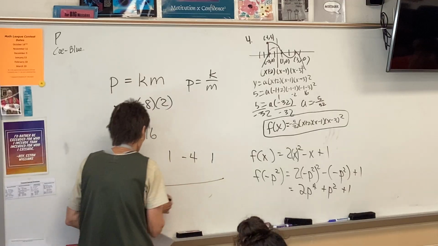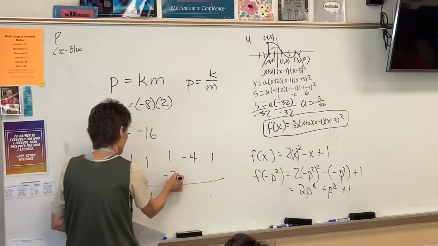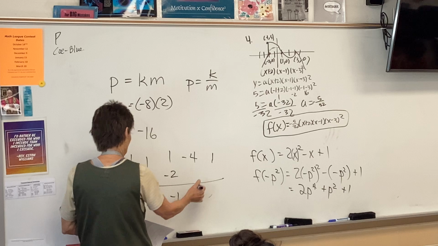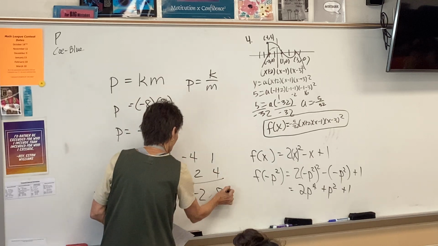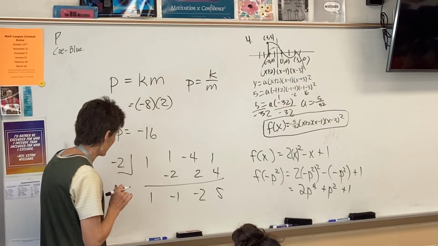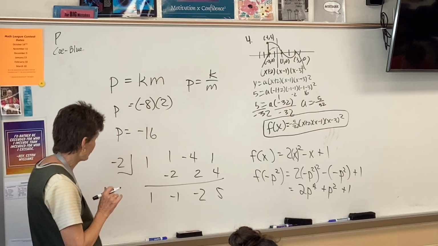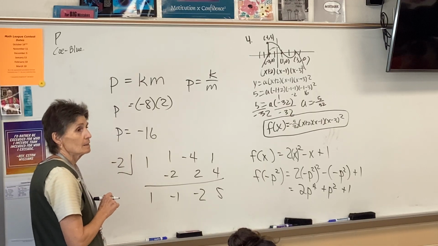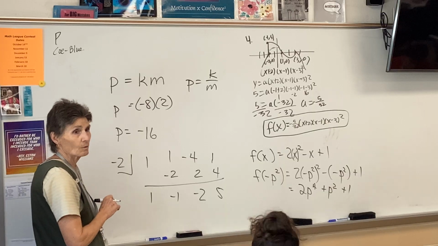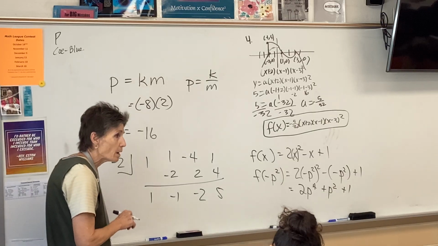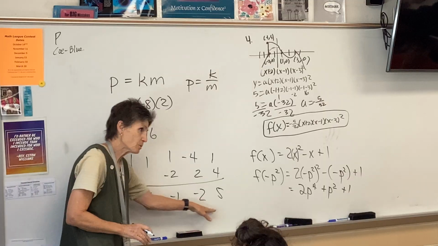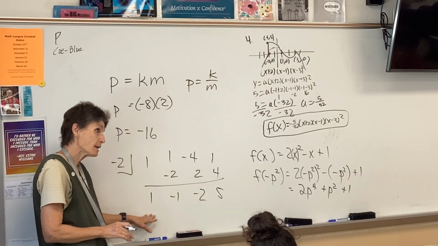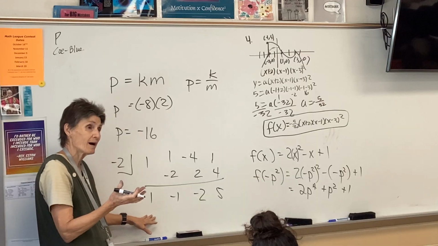So let's look at what happens when I do the division. Double check and make sure I did my division correctly. Is it a lower bound? No, because these numbers right here do not alternate in sign.